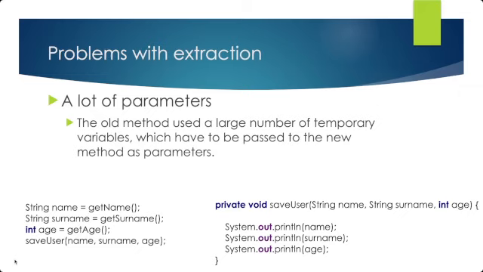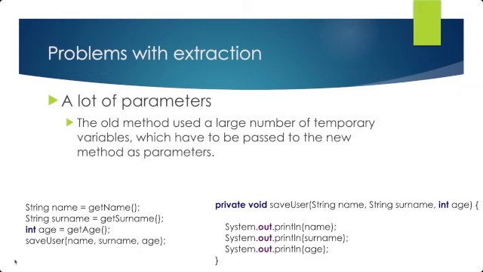Here in this slide I have an example. In the left part of the slide, I have an example where we get some information about the user, and I create a new method save user, and I need to send three parameters into this method, but I don't want to do it.